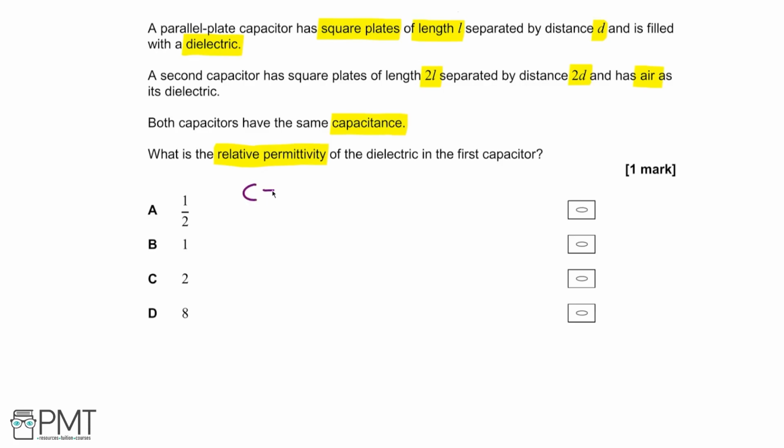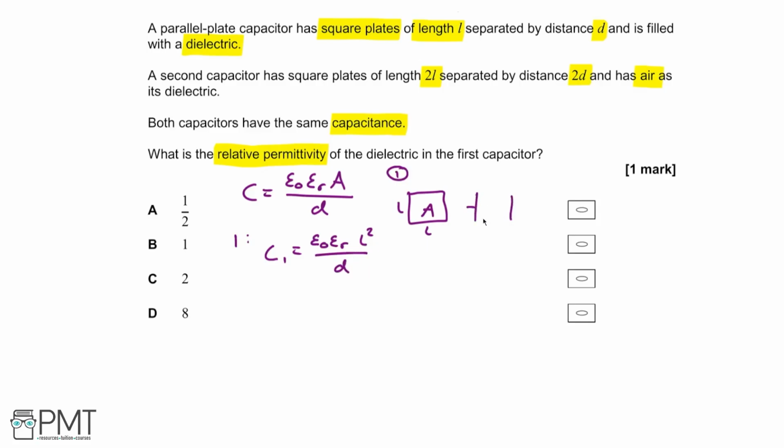For any parallel plate capacitor, the capacitance is given by epsilon naught, the permittivity of free space, multiplied by epsilon R, the relative permittivity, multiplied by the area of the capacitor plate, divided by the distance between the two plates, D. So for capacitor 1, we have C1 is equal to epsilon naught, epsilon R, which will correspond to the dielectric and will be greater than 1, multiplied by A. And since it's a square, A is equal to L squared, the area of this square, so L times L. So this is divided by the distance between the plates, which is D.